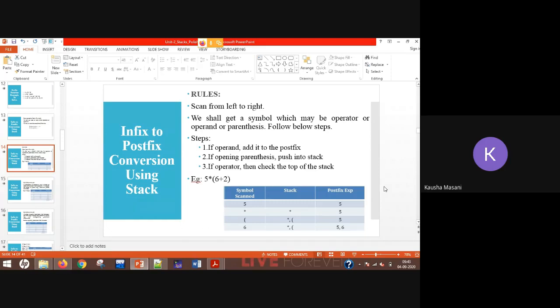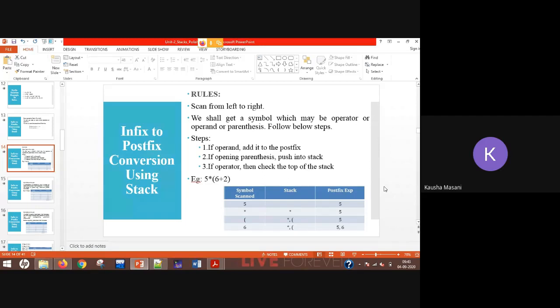And regarding the brackets, if it is an opening bracket, again, do not think anything, just place it on the stack. If it is a closing bracket, then you have to pop out all the elements between the closing and its corresponding opening bracket.